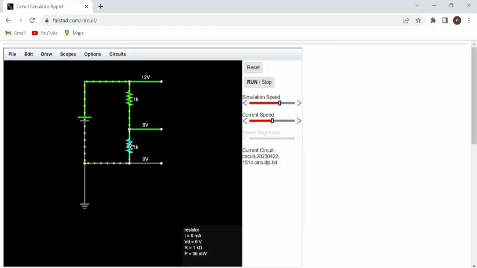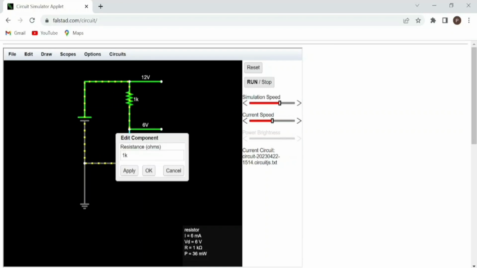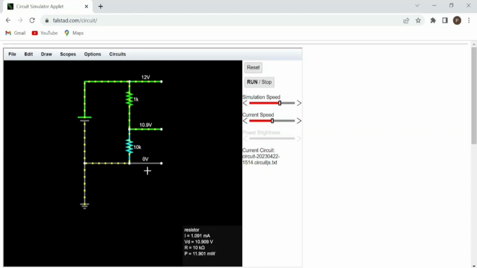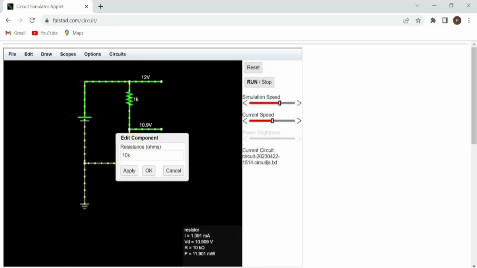Now let me show you one thing. Let me increase the value of the bottom resistance to 10 kilo ohms and click OK. Now you can observe that across this resistance we have a 10.9 volt drop, but across this one we have only a 1.1 volt drop. Similarly, let me change it back to 1 kilo ohm, but increase the top resistance to 10 kilo ohms.